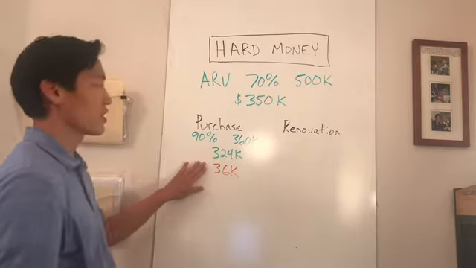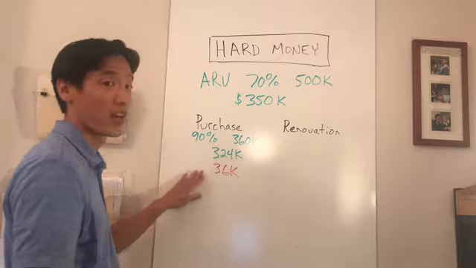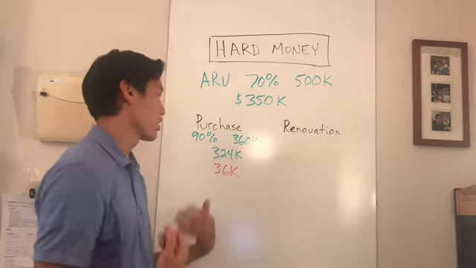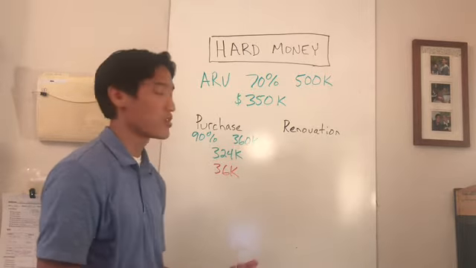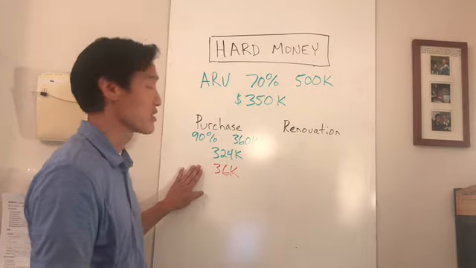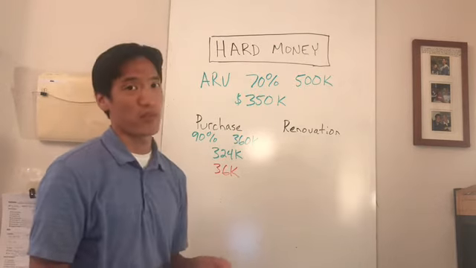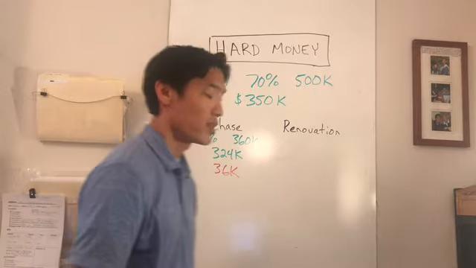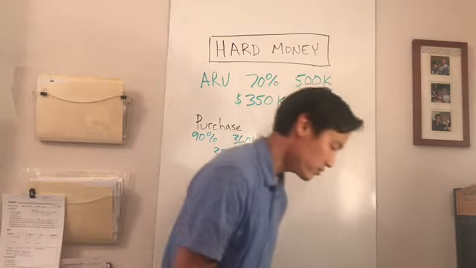So I'm going to have to come up with that capital myself somewhere. Wherever you get your capital, whatever kind of funding you have to do your projects, you'll need an additional $36,000 on top of what you're getting from the hard money lender in order to do this deal. And that's for the purchase.